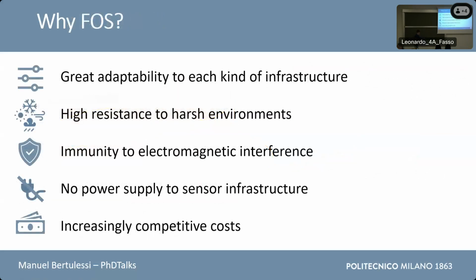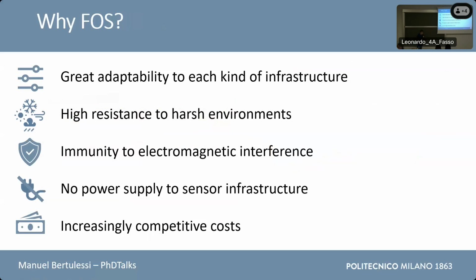Why fiber optic sensors? We have a very long list of advantages, and here I reported some of them. First of all, the great adaptability to each kind of infrastructure due to its nature as a linear sensor, so it suits well the linear characteristic of infrastructure. Then we have a high resistance to harsh environments and in particular immunity to electromagnetic interference.